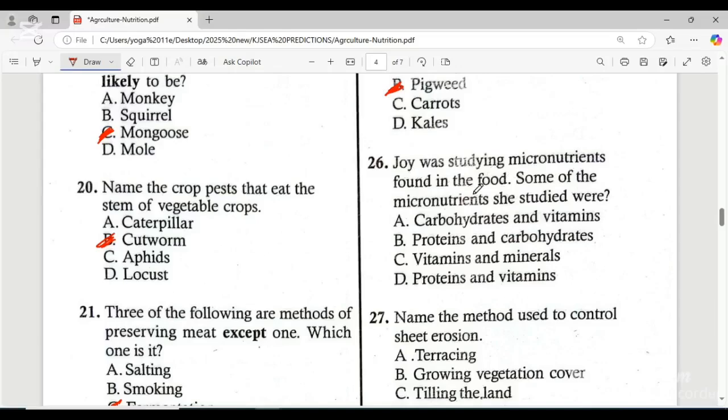We call them vitamins and mineral salts. These are the micronutrients found in food: vitamins and mineral salts.